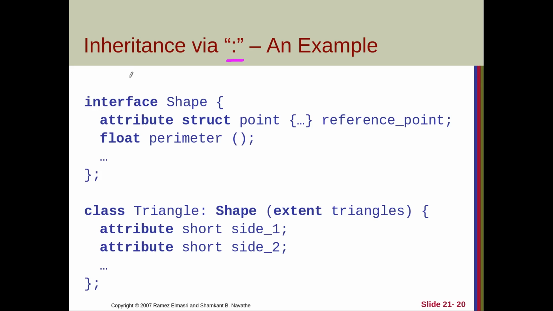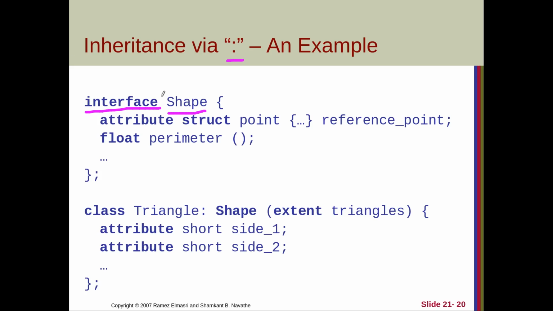We will see one example: interface name. The name given is shape, and normally, as you know, interfaces consist of only declarations, right? It is only providing an abstract representation of something, or it is only providing some support to some other class.